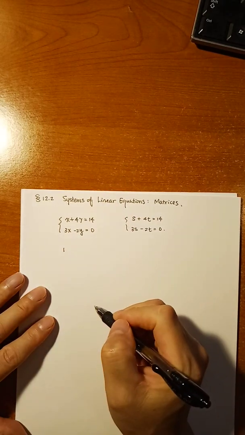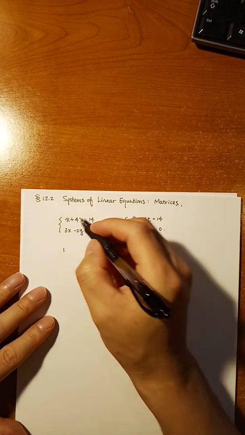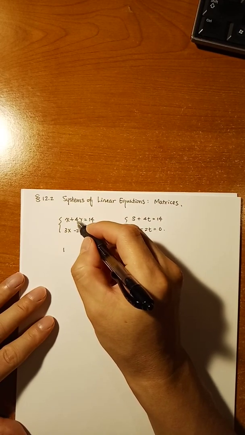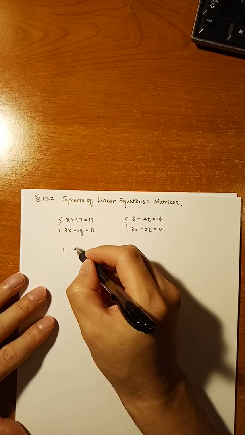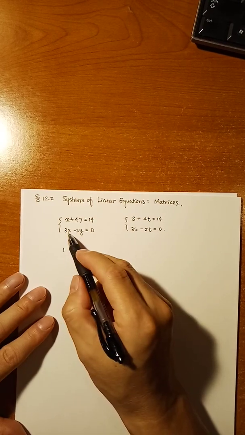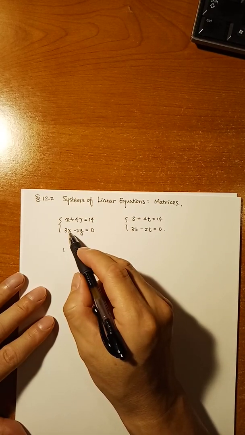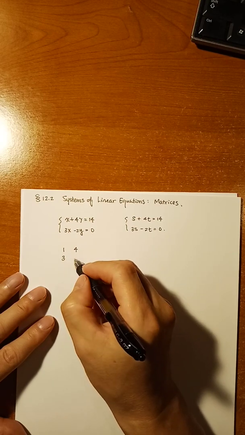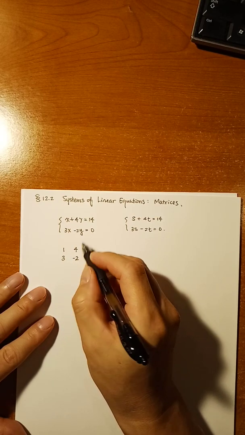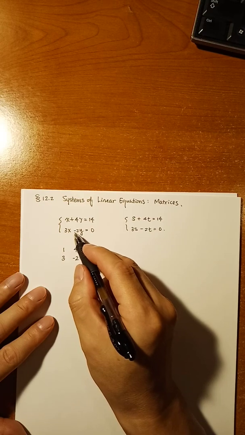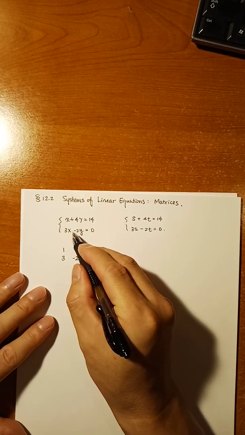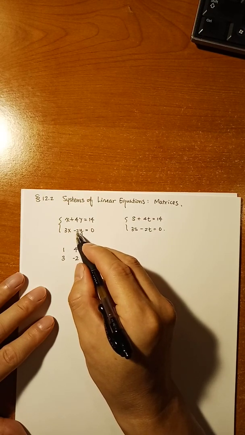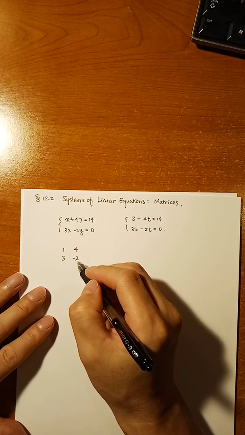We copy the coefficient of x, 1 here. Correspondingly, y has coefficient of 4, so we're going to copy 4 here. In the second equation, you have coefficient of x, 3. Y coefficient is -2. Be careful, when we get coefficient, the coefficient contains the sign. If it's minus 2y, the coefficient is -2.